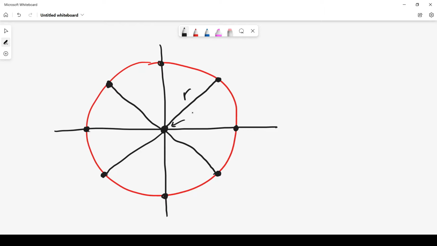Now how do we create an equation from this that describes this circle? Let me get rid of some of these lines to make it clearer. If we have this distance from the center to the edge of r, we can draw a triangle here with one leg of length x and another leg, the height, of length y.